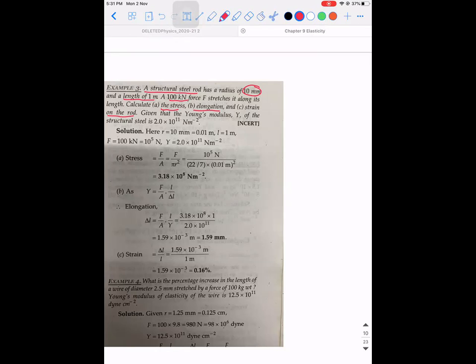Okay, let's try to analyze it. You have a steel rod of length, how much? 1 meter.